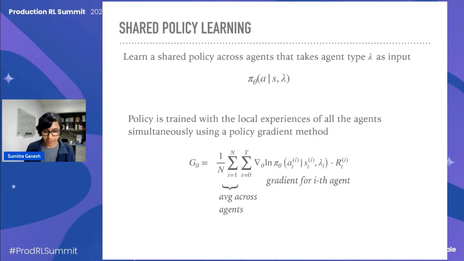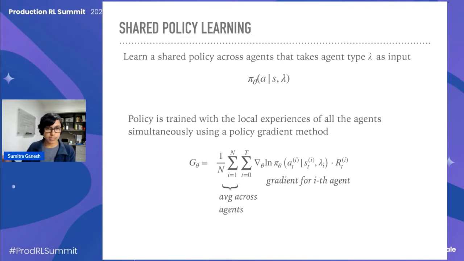In our work, we leverage this commonality to make the learning more efficient using what we call a shared policy learning approach. In this approach, we learn a common shared policy across, say, all the market makers. And this policy pi takes as input not just the observations of the agent, but also the agent's type parameters, lambda.